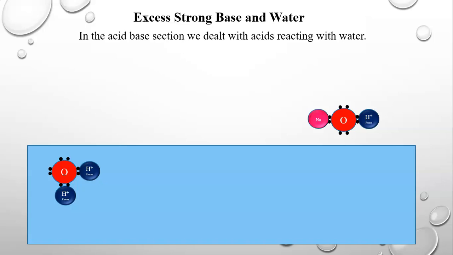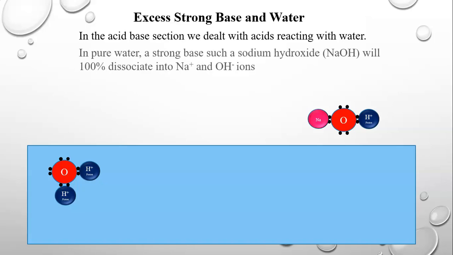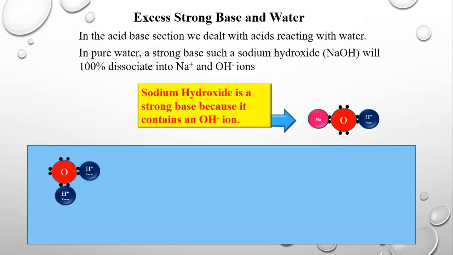So here's an illustration of that. In the acid-base section before, we dealt with acids reacting in water. Now we're going to deal with bases. So in pure water, a strong base such as sodium hydroxide, NaOH, will 100% dissociate into the Na+ and the OH- ions. So sodium hydroxide is a strong base because it contains a hydroxide ion.